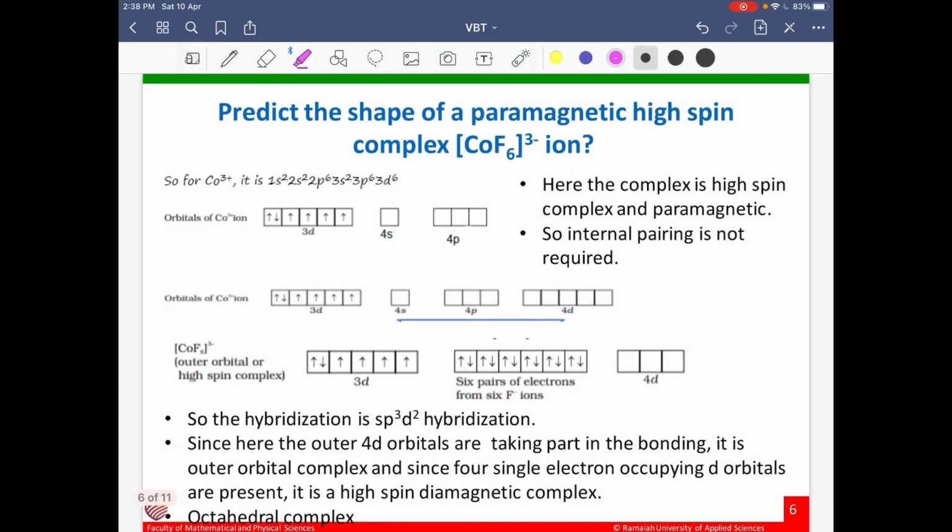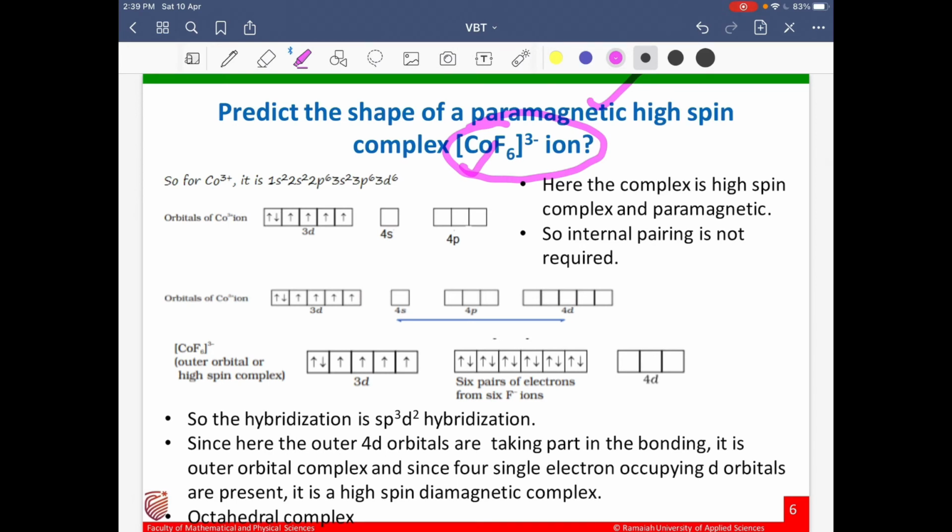Next example, predict the shape of the paramagnetic high spin complex CoF6 3- ion. So we have to find the shape of this ion, and we know that by measuring its magnetic property, this ion shows paramagnetic nature. Again, the central metal ion is cobalt, where its atomic number is 27.